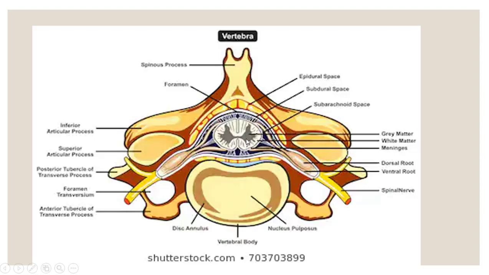Really, it's gray, and it takes an H shape. The inner layer of the spinal cord consists of nerve cell bodies, dendrites, and neuroglia. It is considered the center of reflex actions.